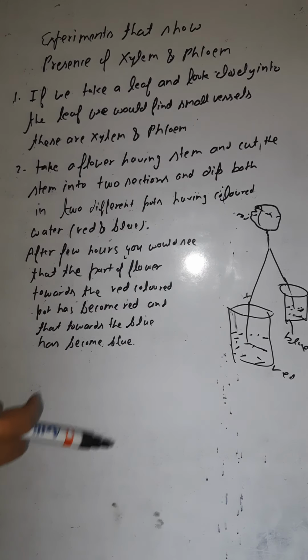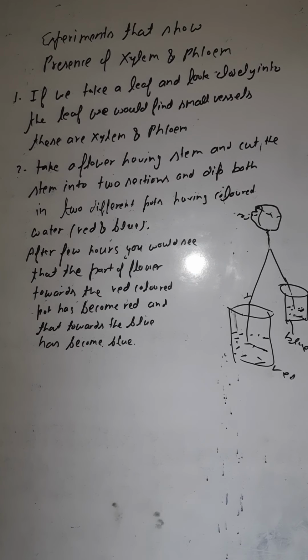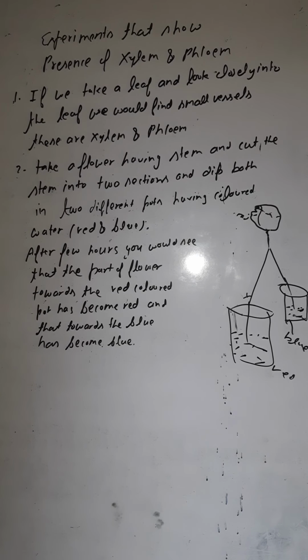This shows the presence of the vessels, the xylem and phloem, in the stem. Are you getting this? With the help of these two experiments, we found the presence of the xylem and phloem in the stem.